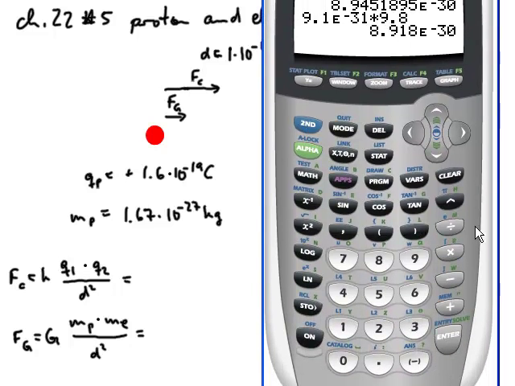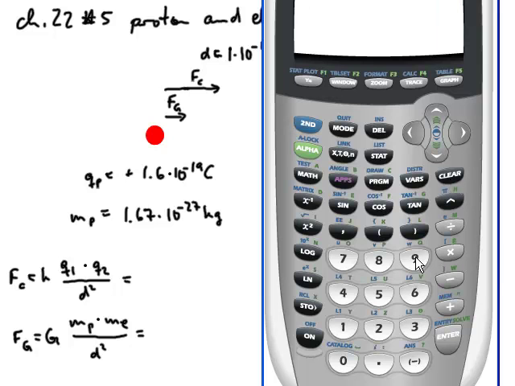I'm just going to start it over. So 9 times 10 to the 9th, as I showed earlier, times 1.6 times 10 to the negative 19. Because it's the same for the electron and the proton, I can put that also in parentheses and square it.